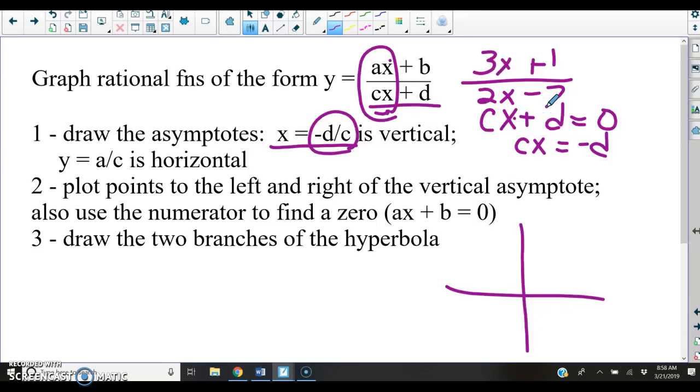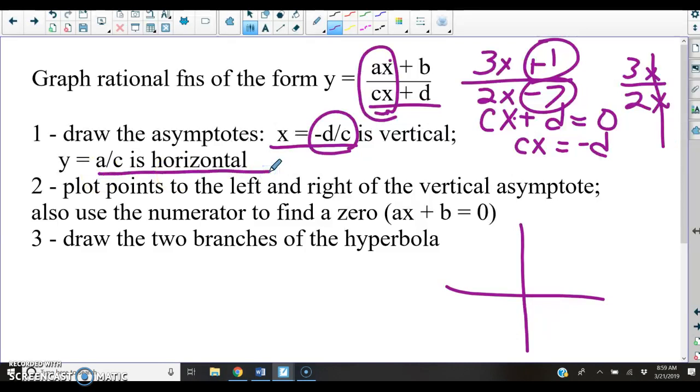It's not going to be real pretty, but eventually the plus 1 doesn't make any difference, and the minus 7 doesn't make any difference. So really, you're looking at 3x over 2x, which we clean up to just 3 over 2. So that's why the coefficients a and c will make your horizontal asymptote. Not necessarily right in the middle, but we're looking at the extreme ends.